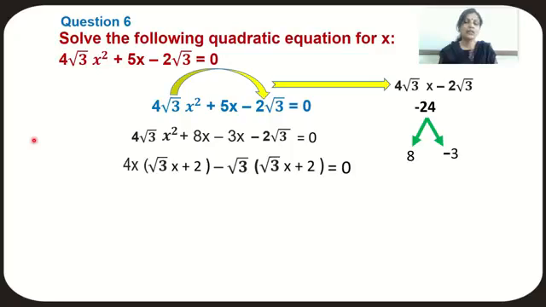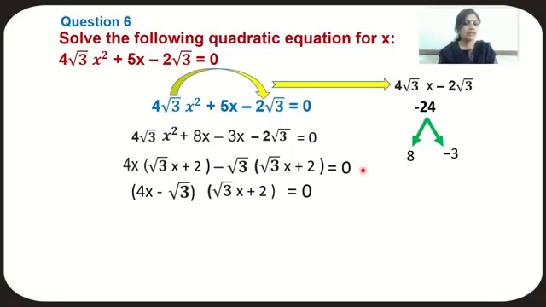I told you that the 2 brackets always remain the same. So in case you have any doubt with the signs, please make sure what is the sign in the first bracket and accordingly you can write the signs. So now we get 4x minus root 3 and root 3x plus 2 is equal to 0.